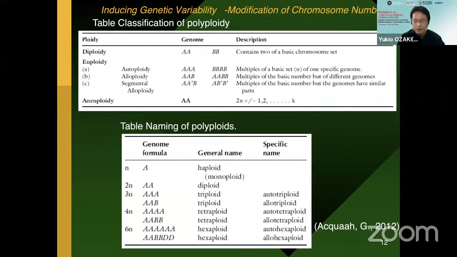Polyploids are named such that the prefix to the standard suffix refers to the base chromosome set, as shown in the lower table. For example, triploid refers to a cell with 3 genomes, while hexaploid refers to a cell with 6 genomes, 6x.